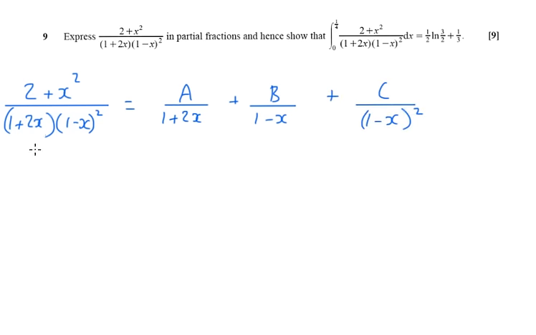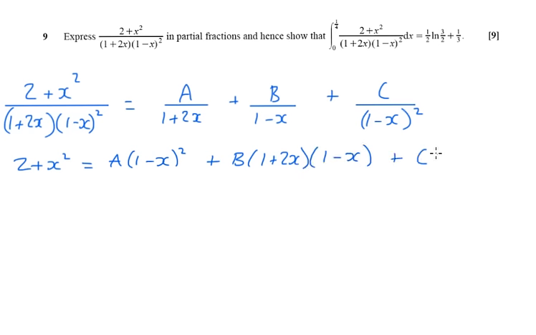And if we multiply both sides of the equation by the denominator here, we're going to get 2 plus x squared equals A times the 1 minus x squared, because this is going to cancel with this, plus B times 1 plus 2x times 1 minus x, plus C times the 1 plus 2x, because the 1 minus x squared terms will cancel.